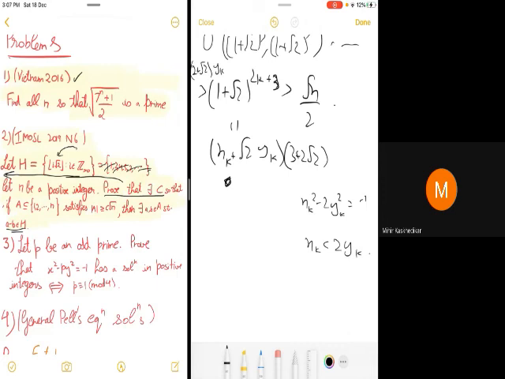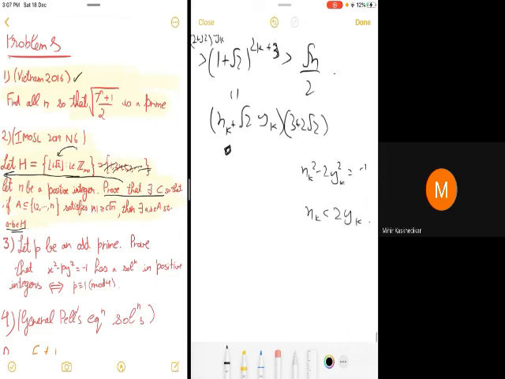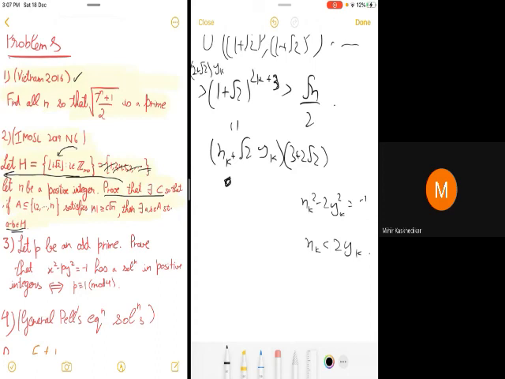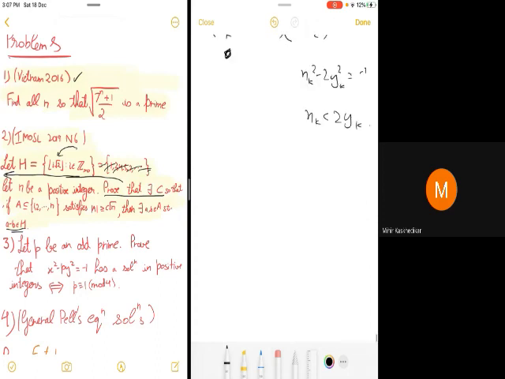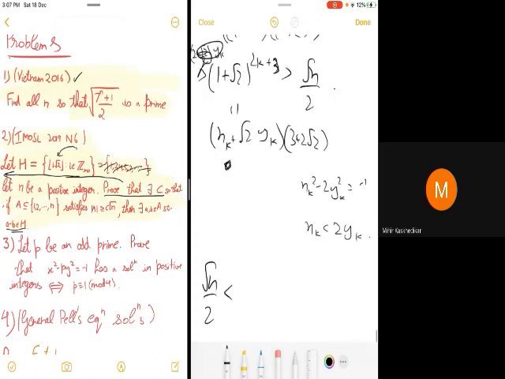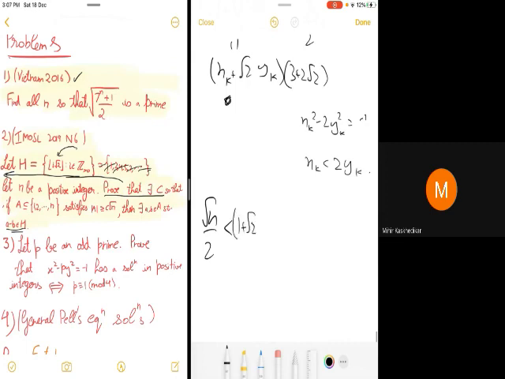Okay, then we have that root n over 2 is less than 2k plus 3, which equals xk plus root 2 yk times 3 plus 2 root 2, which is less than, let's bound xk by 2 yk, so this is less than 2 plus root 2 times 3 plus 2 root 2 times yk.